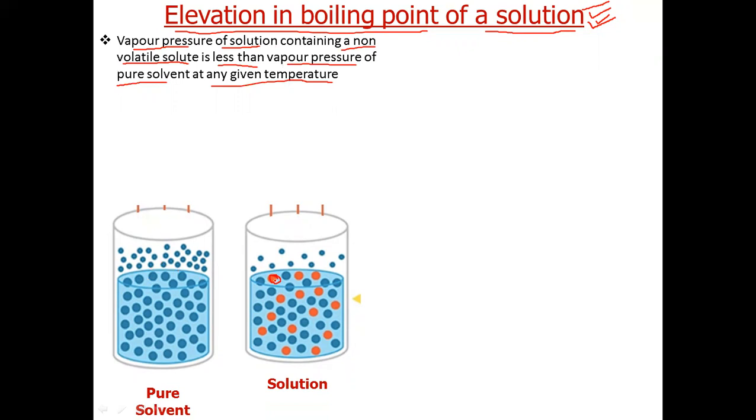But when non-volatile solutes are present in the solution, the tendency of the solvent molecules to go into vapor state decreases. As the number of solvent molecules in vapor state will decrease, they will exert less vapor pressure. Now vapor pressure curve of solution will be lower than that of pure solvent.